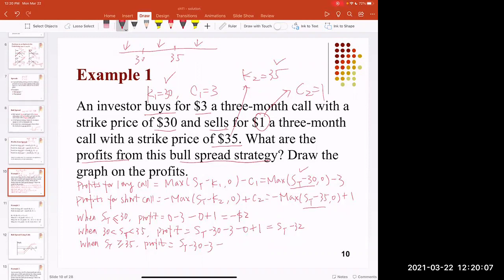When you do this calculation, make sure the sign in front is negative, so make a parenthesis around the whole value, ST minus 35, and then plus 1. Then we do ST minus 30 minus 3, that's ST minus 33, right? And then minus ST minus 35, and the negative gives a positive, so plus 35, and plus 1. So what's the answer?